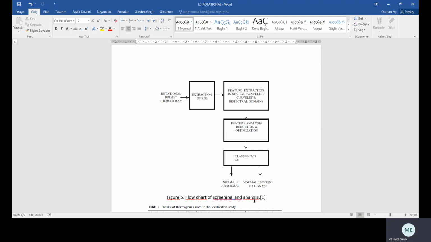The classifier is trained with curvelet texture features extracted from 36 thermograms in each of the normal and malignant groups. The special views where the abnormality was detected by the system are noted for further analysis. Finally, optimal features selected by genetic algorithms have also been used to improve the localization ability.